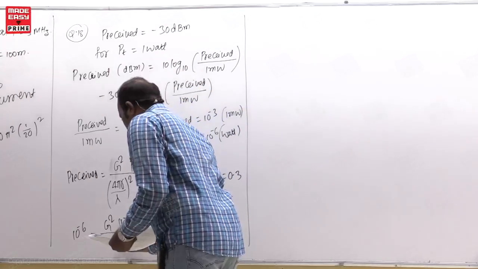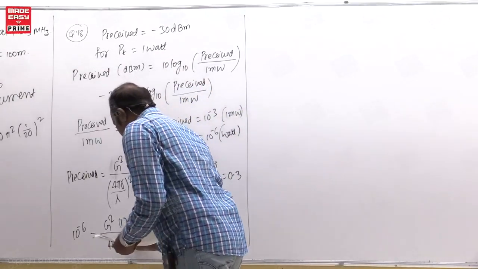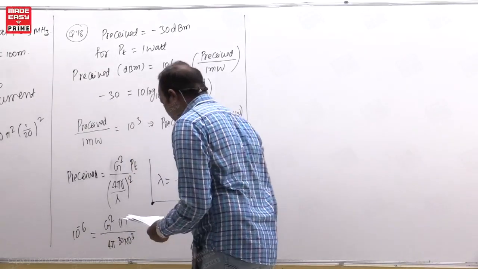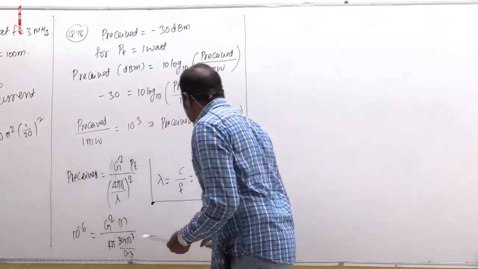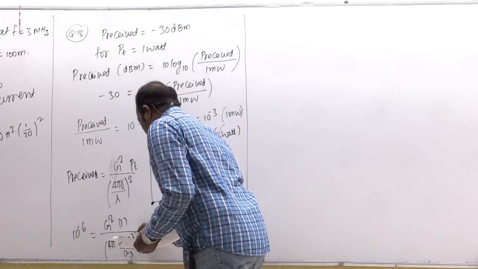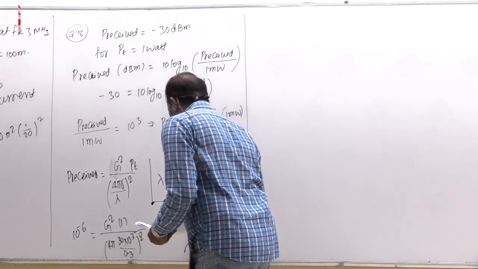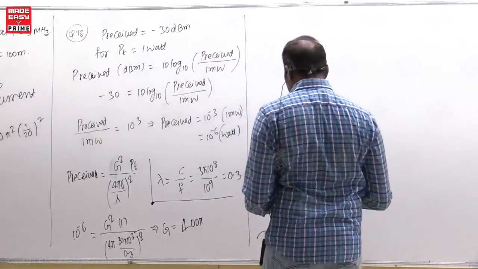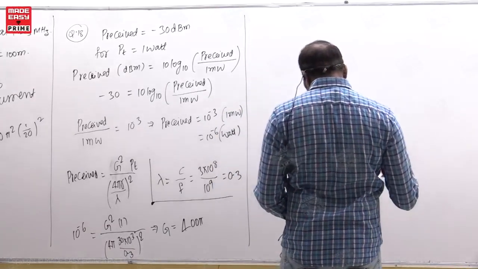Then 4 into pi into distance, given as 30 into 10 cube, that means 30 kilometers, divided by lambda, we got 0.3, whole squared. From this you get G is equal to 400 pi. That is the answer, right?